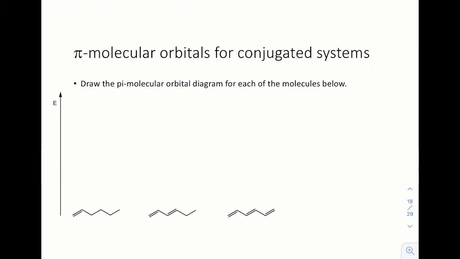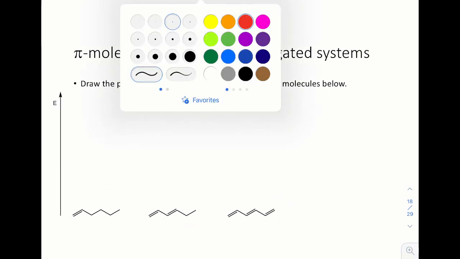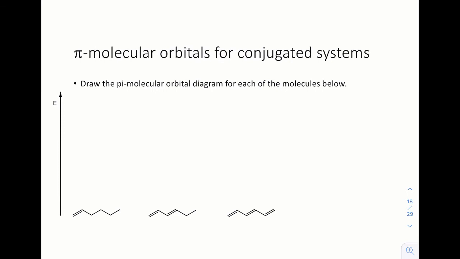We can move on now and apply our skills to different pi systems with varying numbers of pi orbitals and electrons in those pi orbitals. So here are three different pi systems. I would like for you to draw the cartoon pi molecular orbitals for each of these systems, put the electrons in those orbitals, and identify HOMO and LUMO.